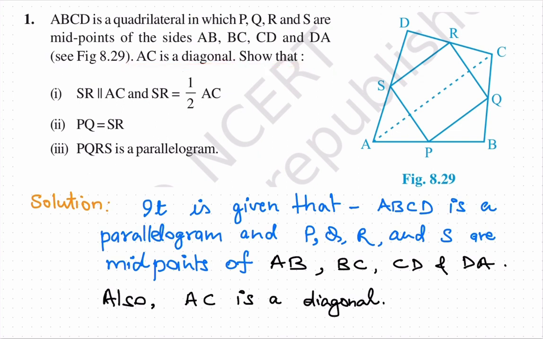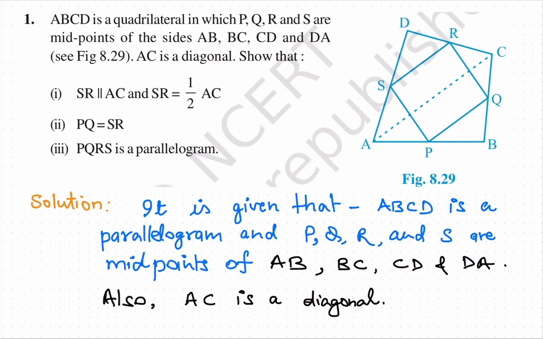Show that: part 1, SR is parallel to AC and SR equals half of AC. Part 2, PQ is equal to SR, and part 3, PQRS is a parallelogram. So related to this diagram, we have to solve the three sub problems.